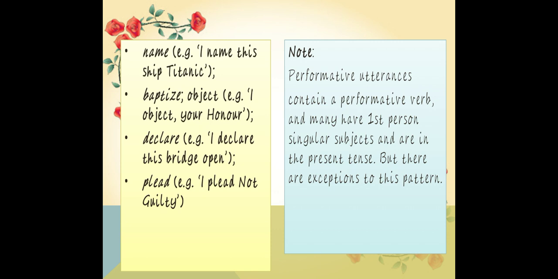This is an example of performative verbs. And then baptize, like I object, your honor. And then declare, for example, I declare this bridge open. And then plead, for example, I plead not guilty. Like that.